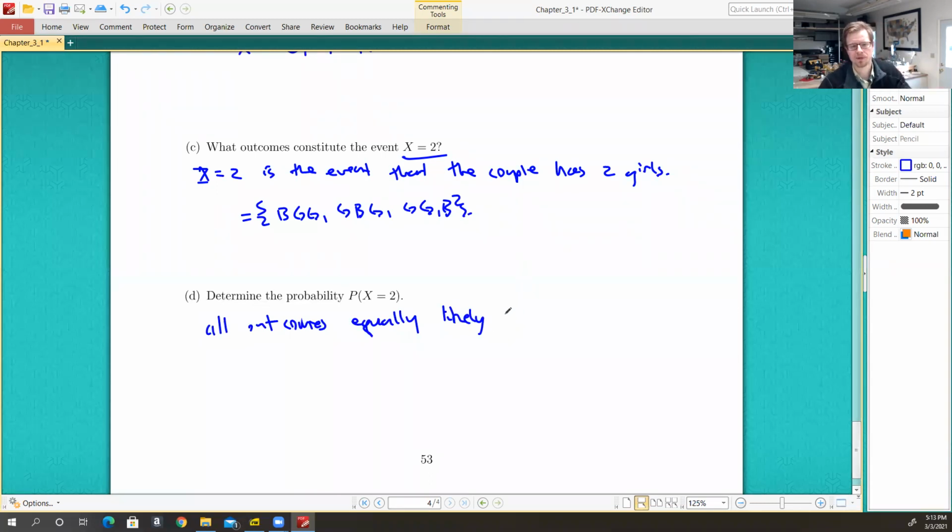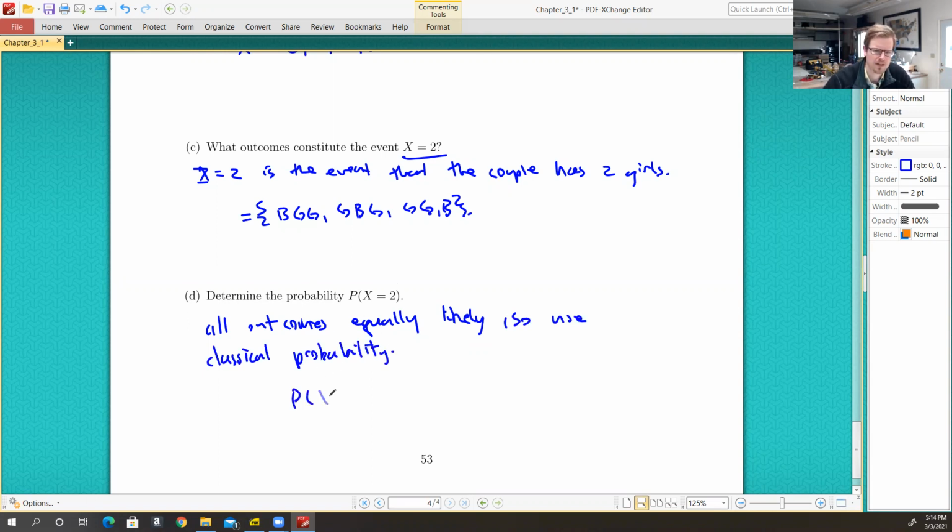It doesn't matter. We have this luxury when we talk about all outcomes are equally likely. So use classical probability. That is, we consider how many ways there are to have this event occur, which is 3, and we divide it by the total number of outcomes in the sample space, which is 8, and we get 0.375.